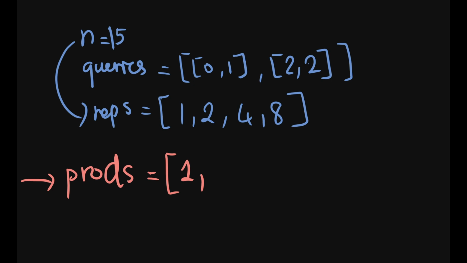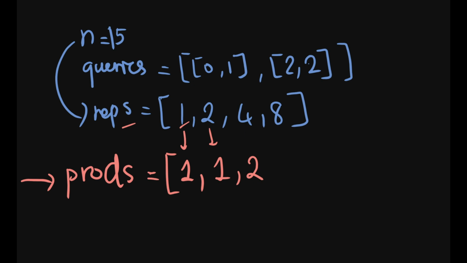Now let's compute all the prefix products by taking each value in the representation here. We take 1 right here and multiply by the previous value inside prods, and we get 1. Now 2 will multiply the previous value inside prods, and now we get 2.